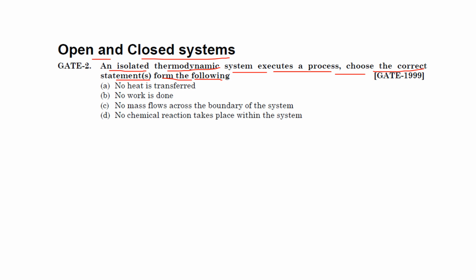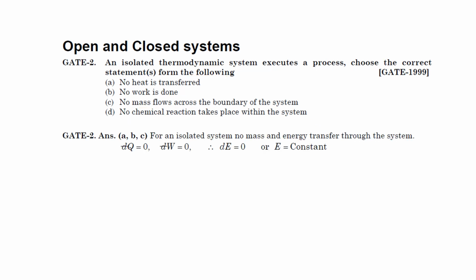No heat is transferred, no work transfer, no mass transfer across the boundary of the system, and no chemical reaction takes place within the system. For an isolated system, no heat transfer is correct, no work done, and no mass transfer. All three are correct actually.